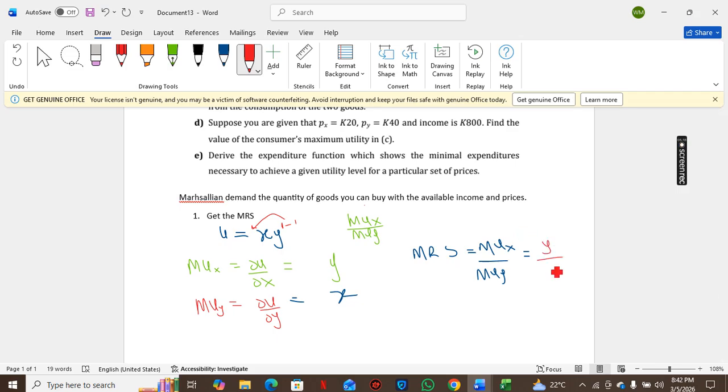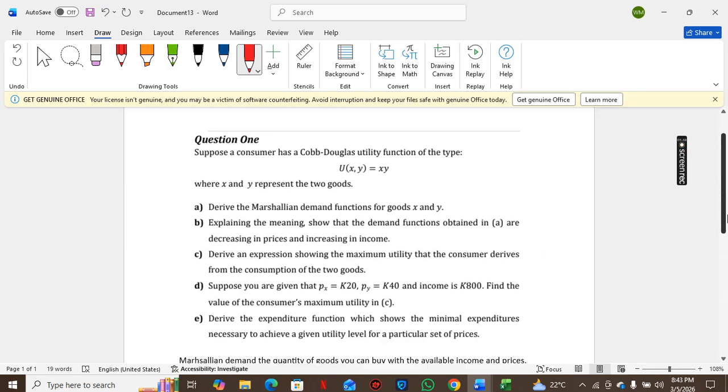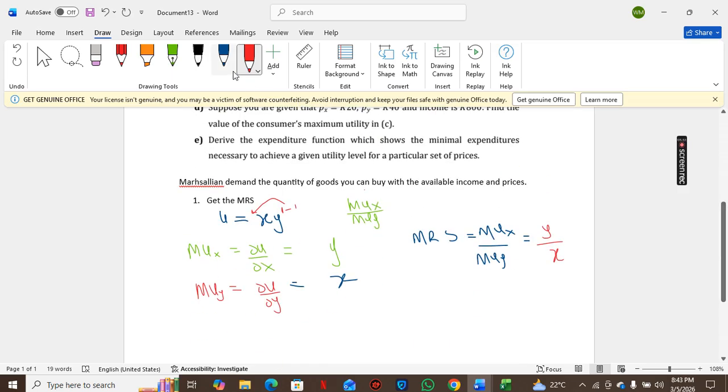That is the first step, colleagues. Any questions, queries? Step 2, equate it to the slope of the budget constraint equation.